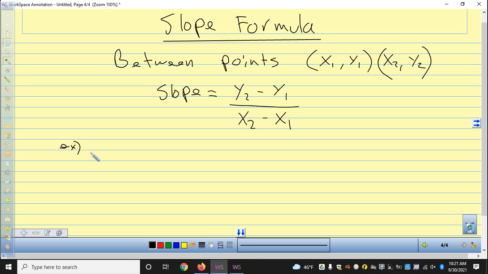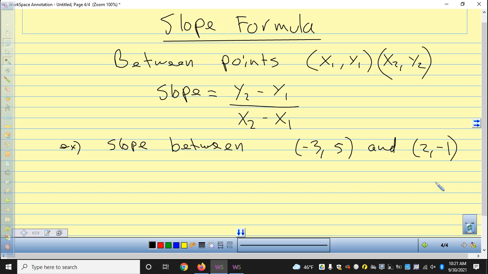So let's take a look at how we use this formula. Let's say we want the slope, the rate of change if something is moving, between the points (-3, 5) and (2, -1).